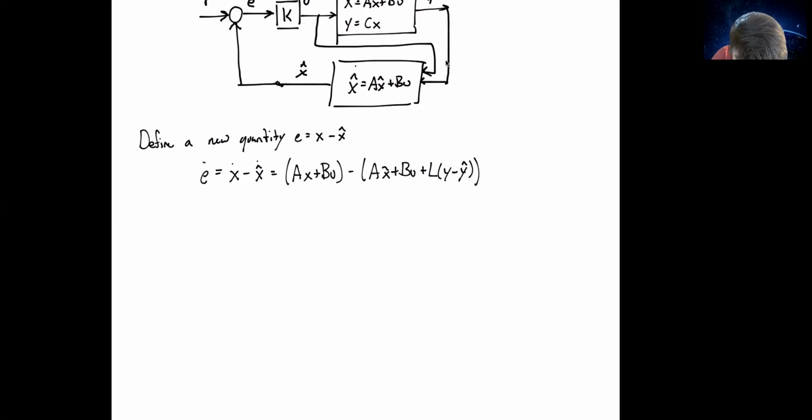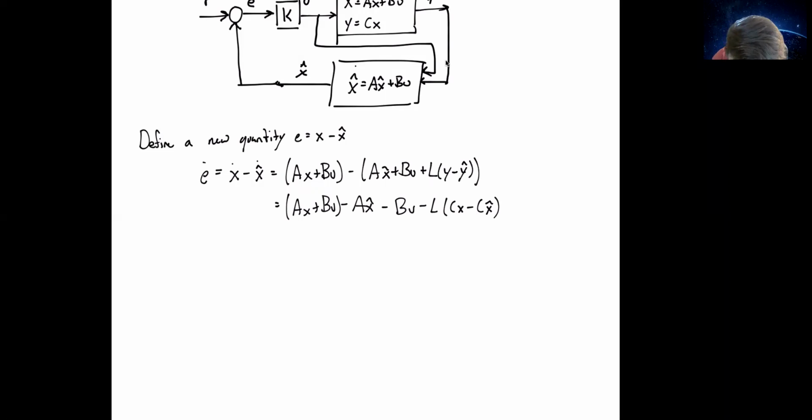So then this is going to be equal to, again, Ax + Bu - Ax̂ - Bu - LC(x - x̂). y = Cx, ŷ = Cx̂. All right, and so now let's look at this.